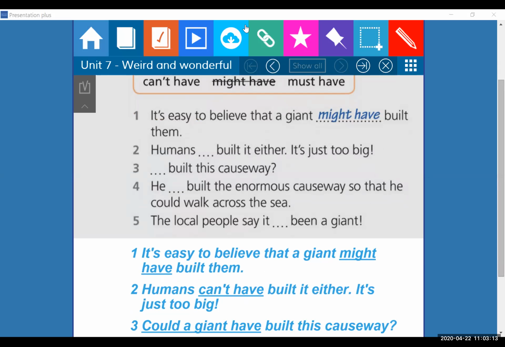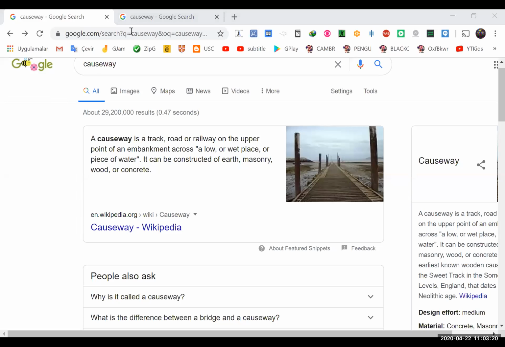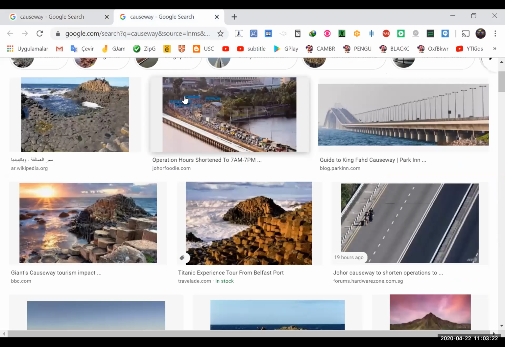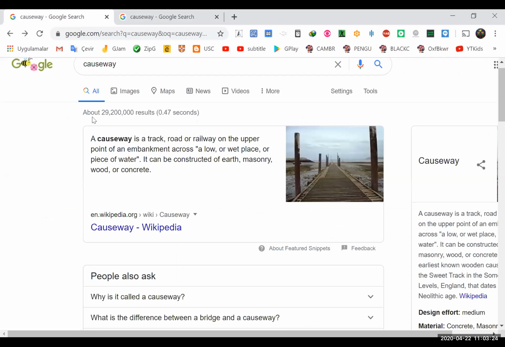Let me share something else with you. Let's read the definition together. A causeway is a track, road, or railway on the upper point of an embankment across a low or wet place or piece of water.